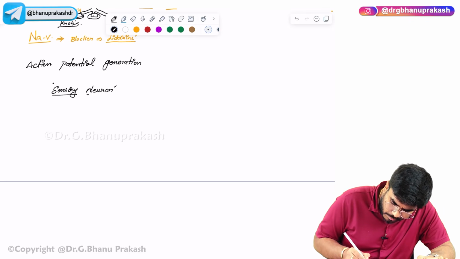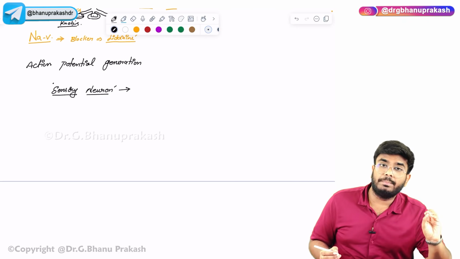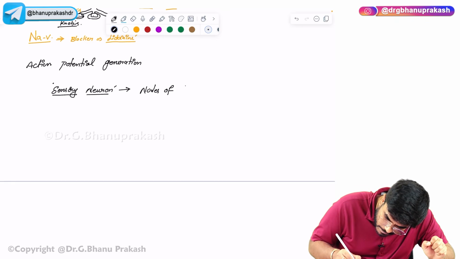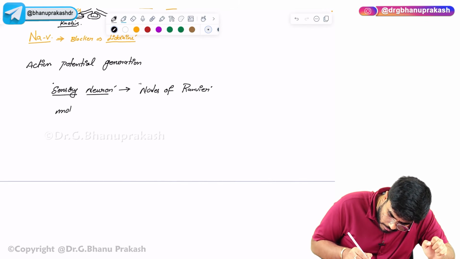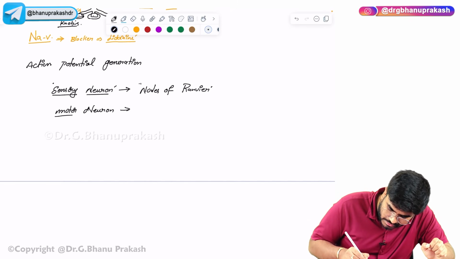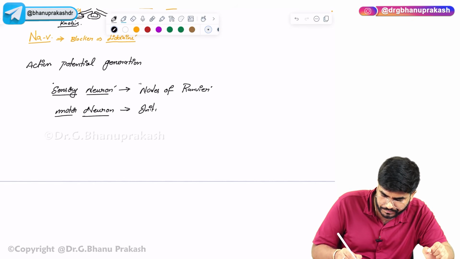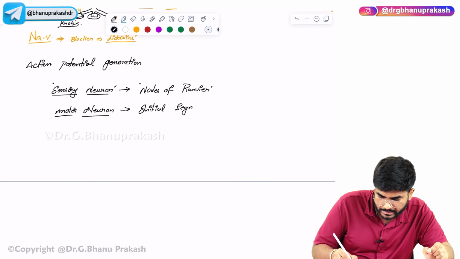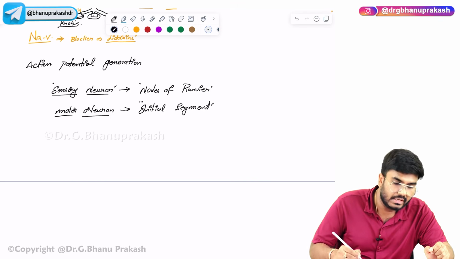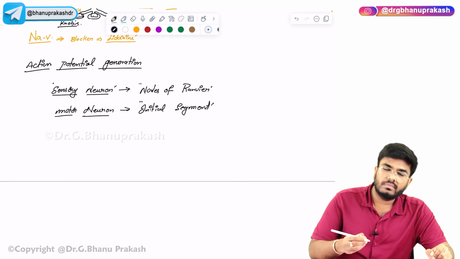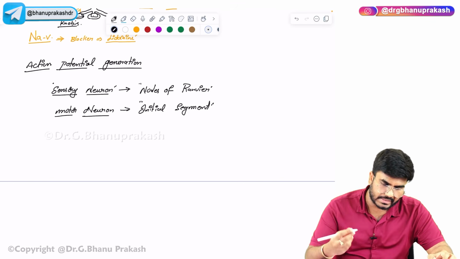In sensory neurons, the action potentials, the electrical impulses, are generated from the nodes of Ranvier. If I am talking about a motor neuron, the action potential is generated from the initial segment, which is the first part of the axon. So action potential generation is different in sensory neurons and motor neurons.